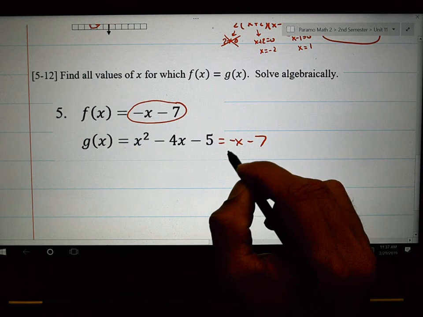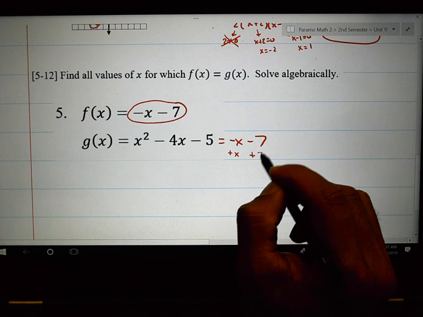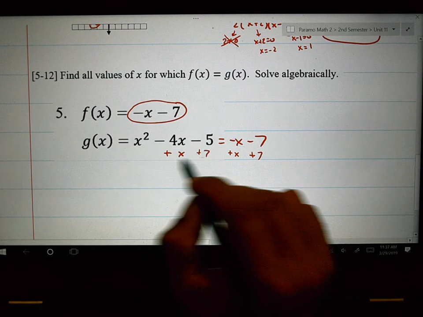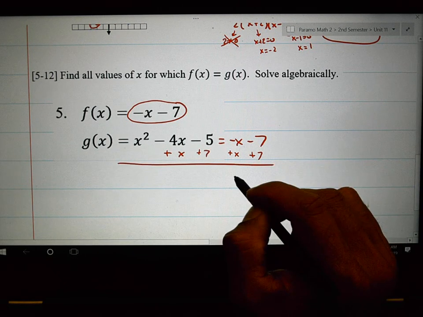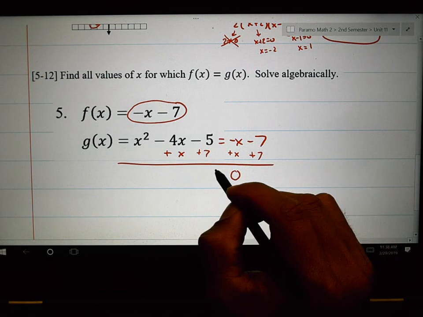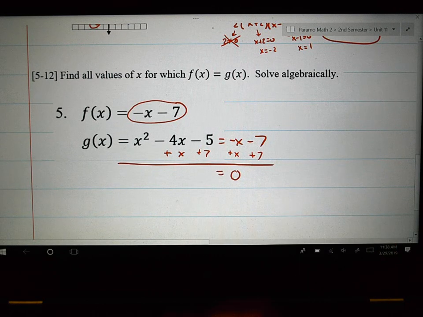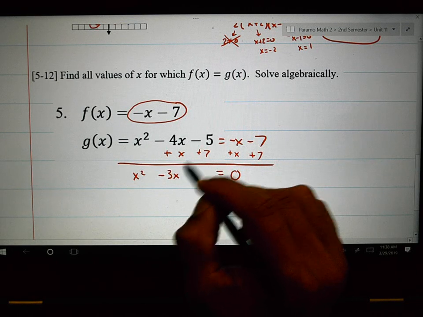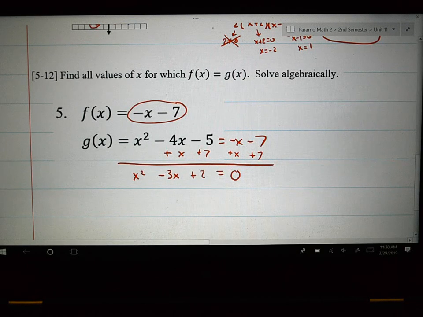Then what? Add x, add 7 to get this in standard form. This will make 0. That makes 0. X squared minus 3x plus 2 equals 0.